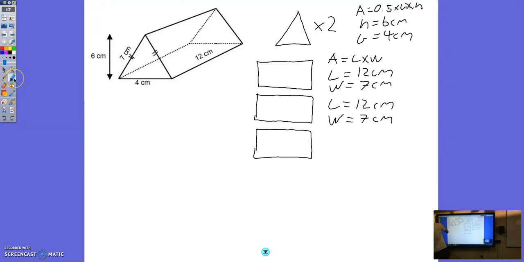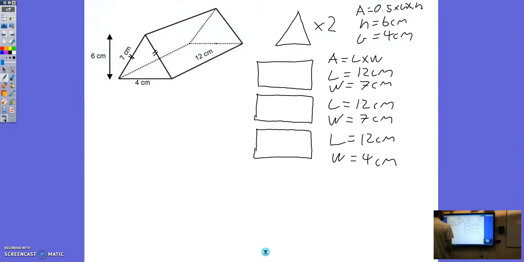Finally, we have the rectangle that forms the base of the prism. While this has a length of 12 centimeters, it has a width of 4 centimeters, so it is slightly different. So it still has a length of 12 centimeters, but it has a width of 4 centimeters.